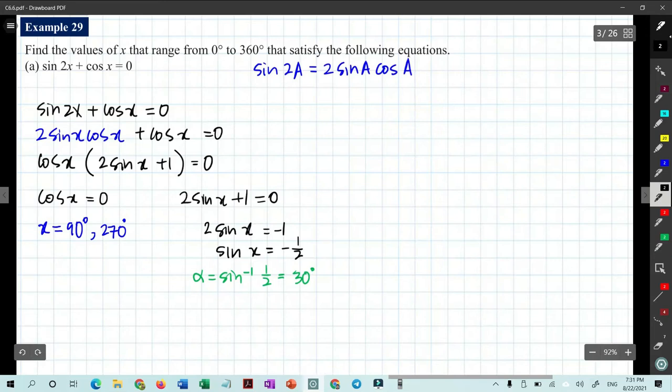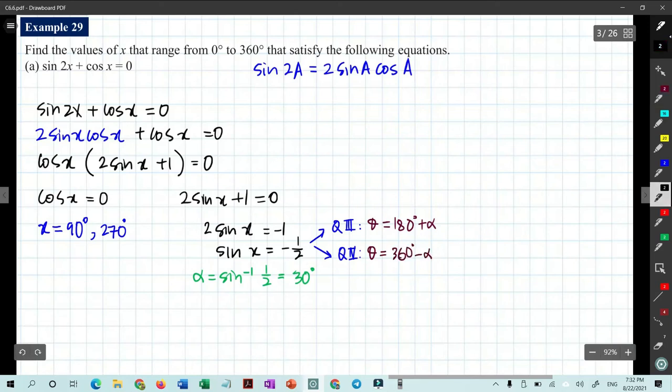And we know that sine is negative in quadrant number 3 and quadrant number 4. For quadrant number 3, theta is equals to 180 plus alpha, and for quadrant number 4, theta is equals to 360 degrees minus alpha.